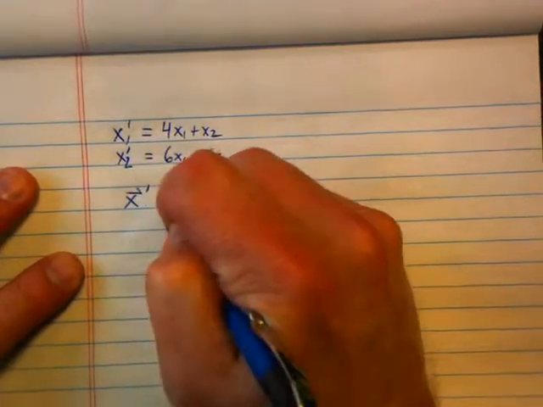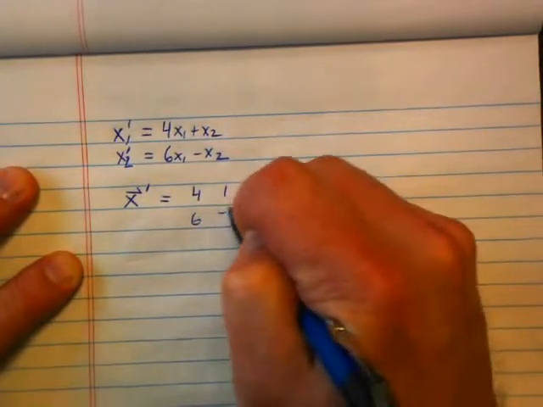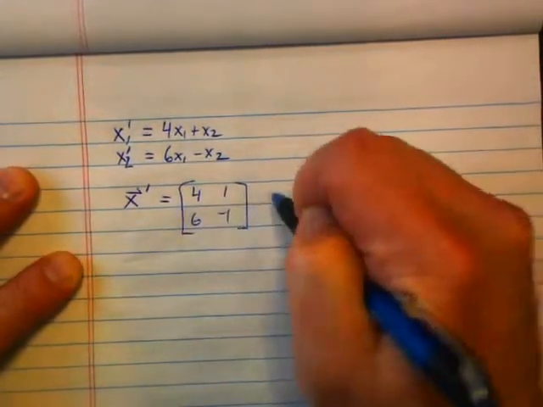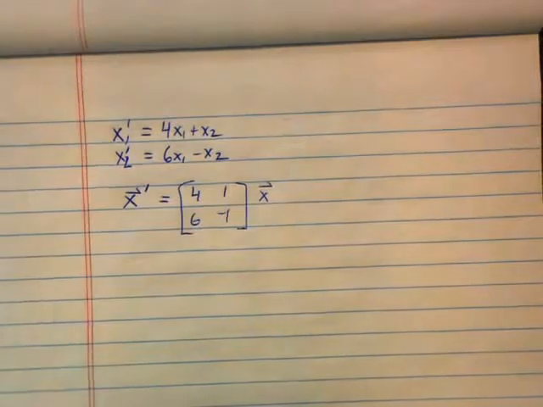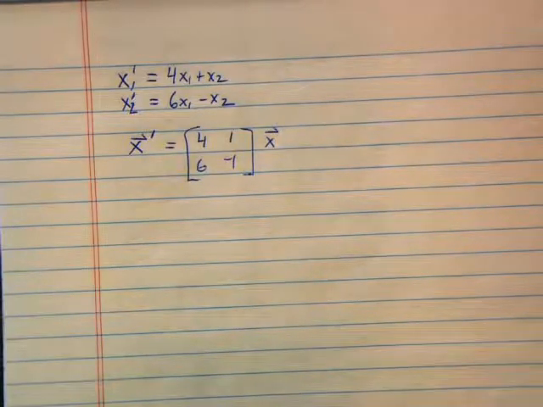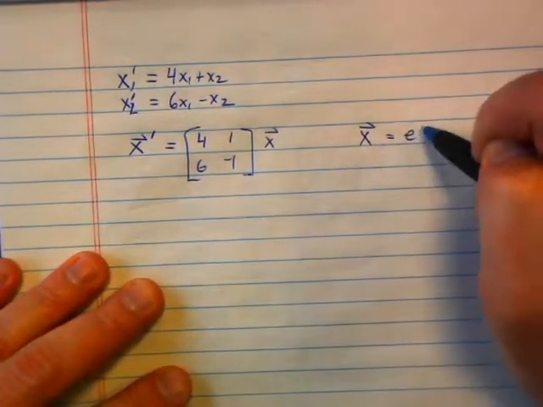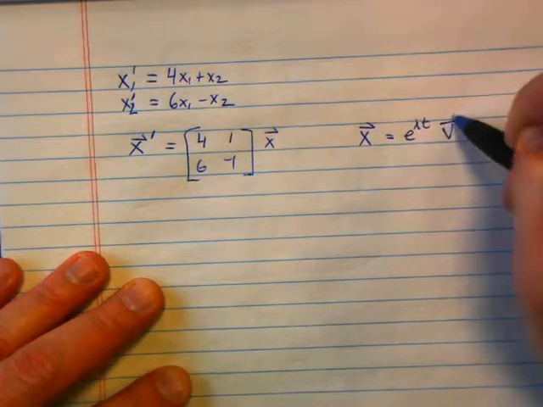All right, so x prime is 4, 1, 6, negative 1 times x. Okay, so this time I don't need to go through the whole derivation of how I got it. Where did my characteristic polynomial come from? We made a guess that x has to have the form e to the lambda t times vector v.